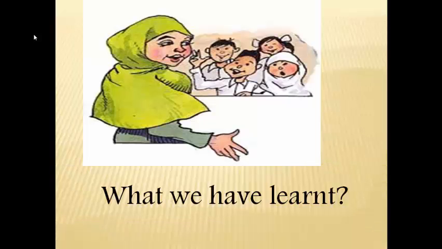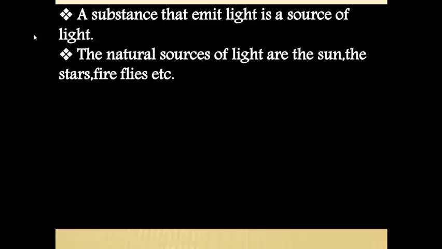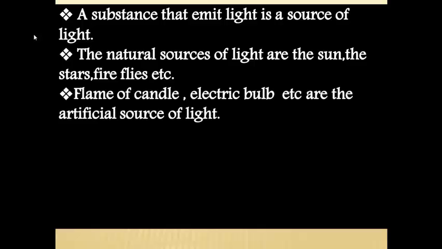So, now we are going to see what we have learned. A substance that emits light is a source of light. The natural sources of light are the sun, the stars, fireflies, etc. The flame of a candle, an electric bulb, etc. are the artificial sources of light.